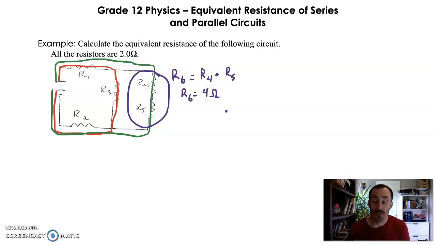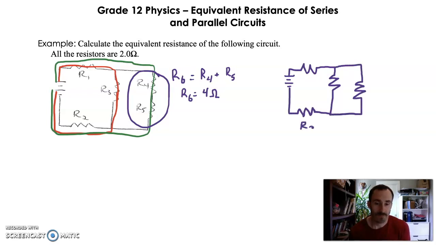Okay, so I'm going to redraw this circuit now, reflecting the fact that I've taken R4 and R5 and I've combined them into one equivalent resistor called R6. So here we go. There's our new circuit with R6 having replaced R4 and R5.